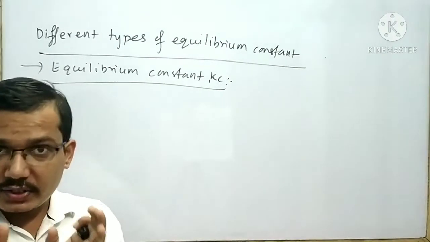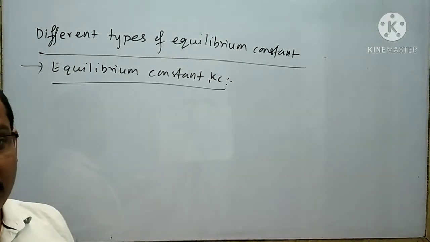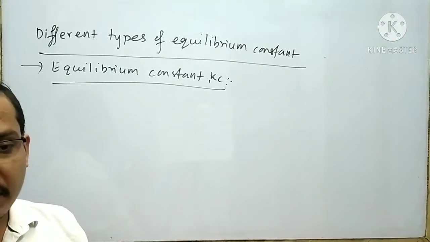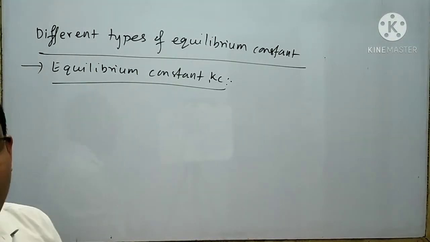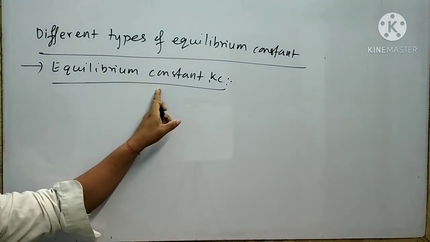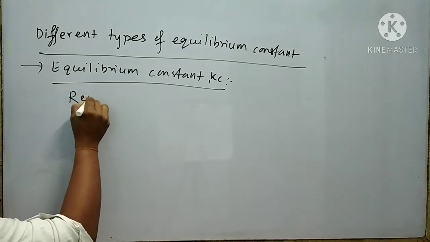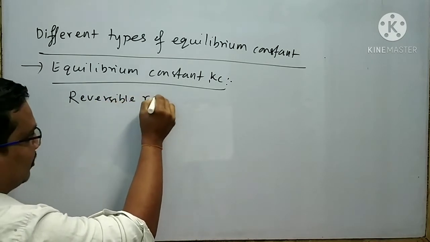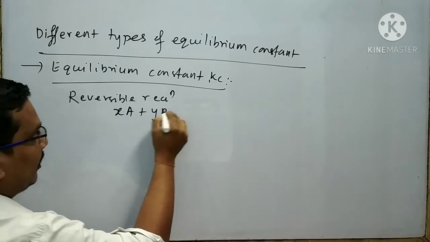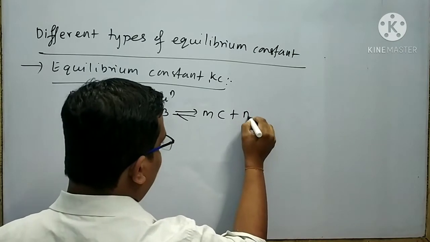Remember, if the concentrations of the reactant and product species at the state of equilibrium are taken in terms of active masses or molar concentration, then the equilibrium constant is expressed as Kc. Suppose take a reversible reaction: xA plus yB gives mC plus nD.